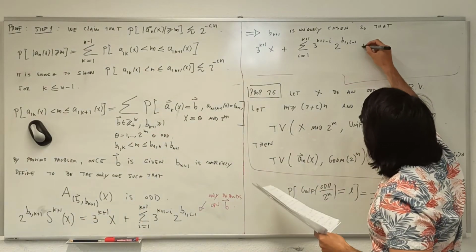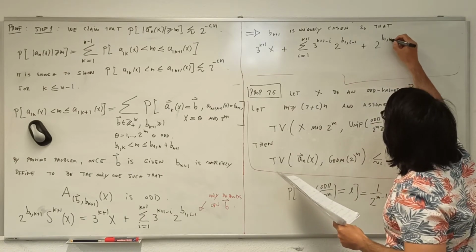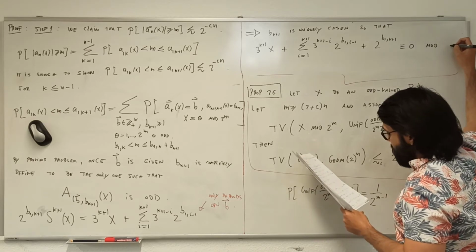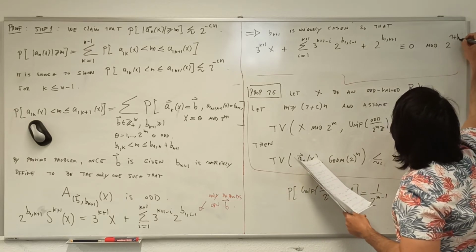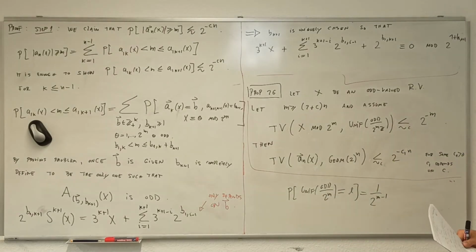Another way of saying this is that if you just add b_1+...+b_{k+1}, that's congruent to 0 modulo 2^{1+b_1+...+b_{k+1}}. Okay. So this is another way of choosing b_{k+1}.